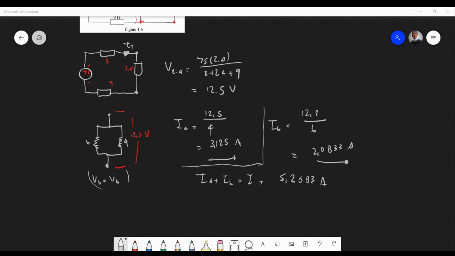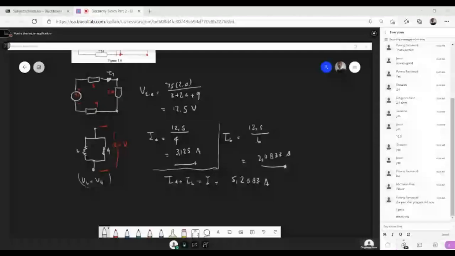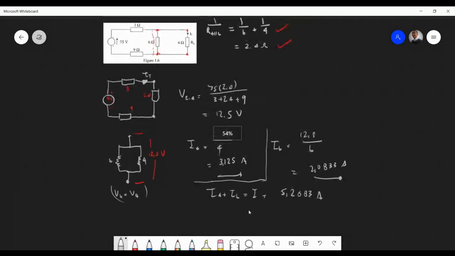Okay, so I digressed a bit over here. To agree with me, the current going through the 2.4 ohm resistor, which is basically coming in here, is 5.2083. Do you guys agree with me?